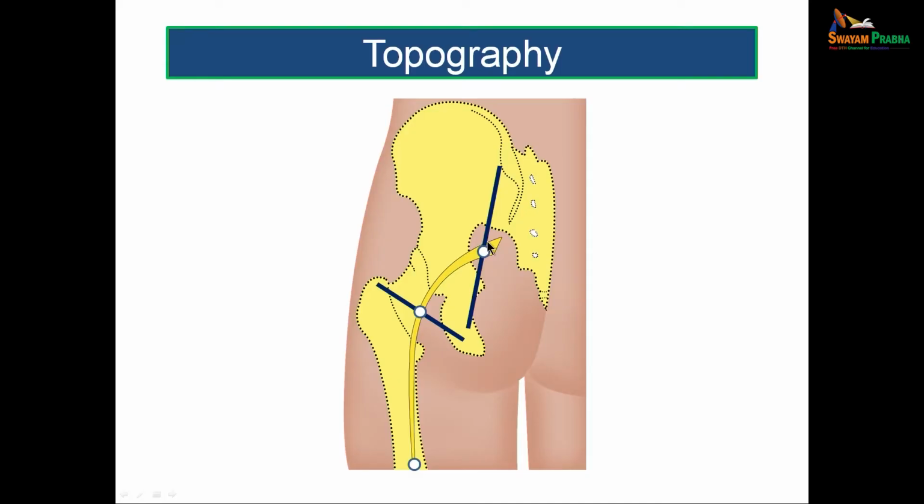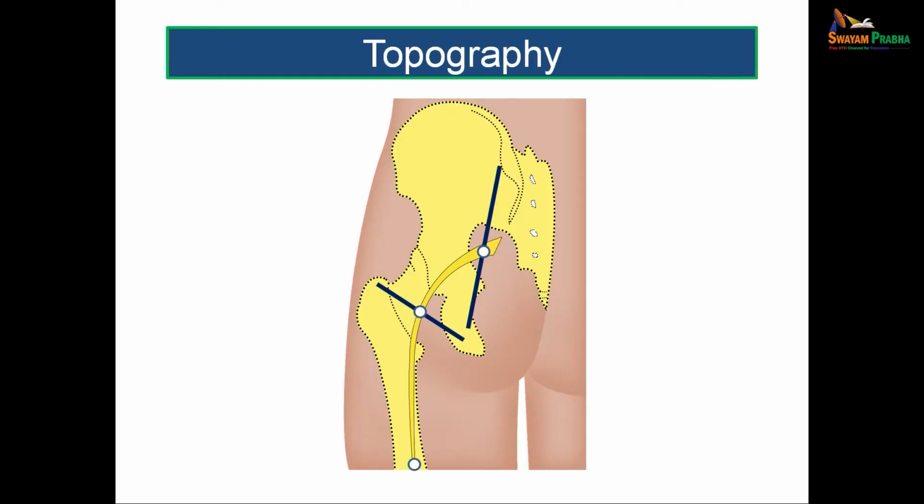The next point is marked by a line which connects the ischial tuberosity with the tip or the apex of the greater trochanter. The midpoint of this line will mark the second point. The third point is in the midline of the thigh at the junction of upper 2/3 and the lower 1/3, which corresponds to the superior angle of the popliteal fossa.